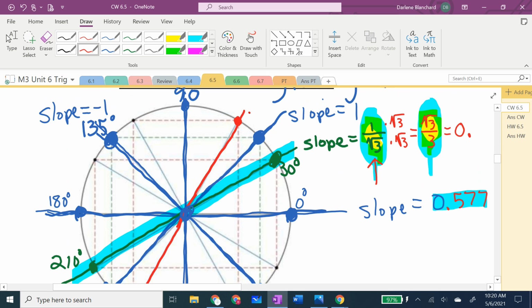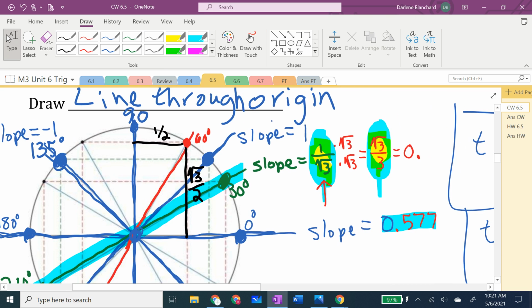What is its rise over run? Its rise is root 3 over 2. Its run is 1 over 2. Those unit circle numbers we've been looking at.